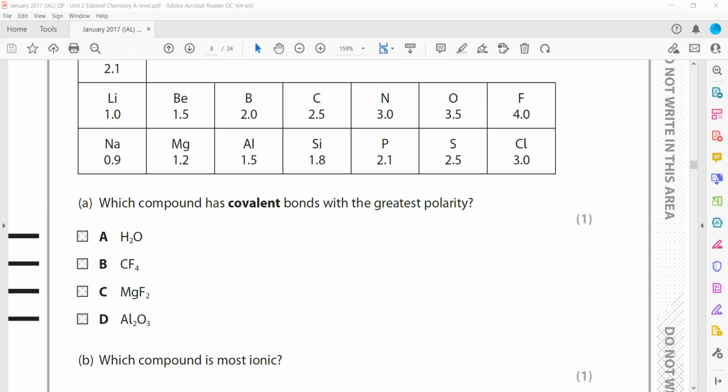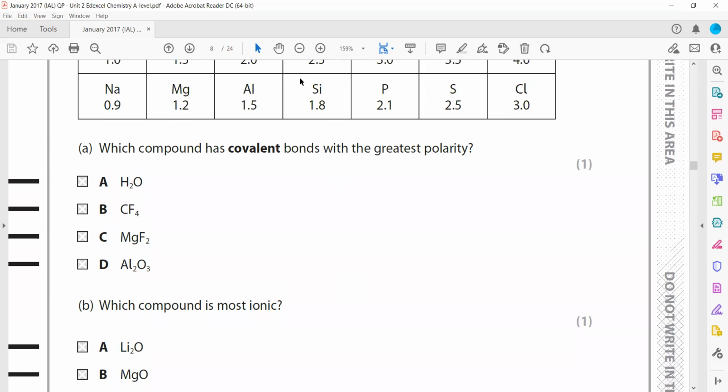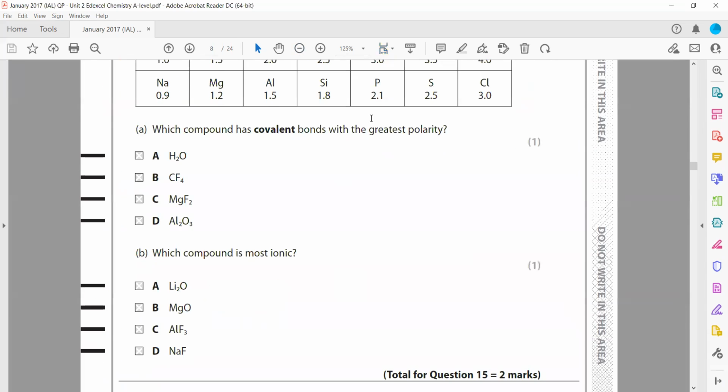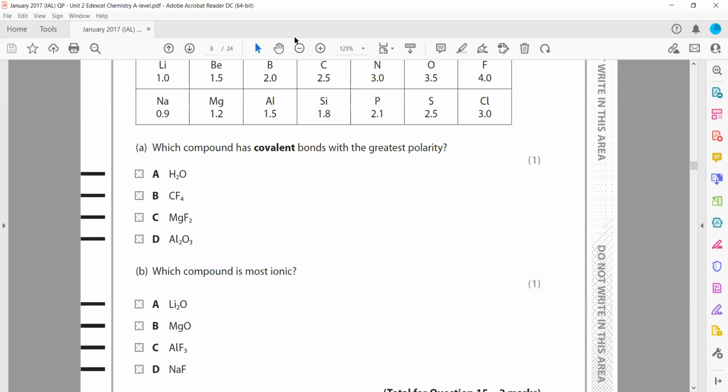So when we check the options, the first one is lithium oxide. Lithium is 1, oxygen is 3.5, so 3.5 minus 1, 2.5 will be there. Magnesium oxide: magnesium is 1.2 and oxygen is 3.5, so it will be 2.3.